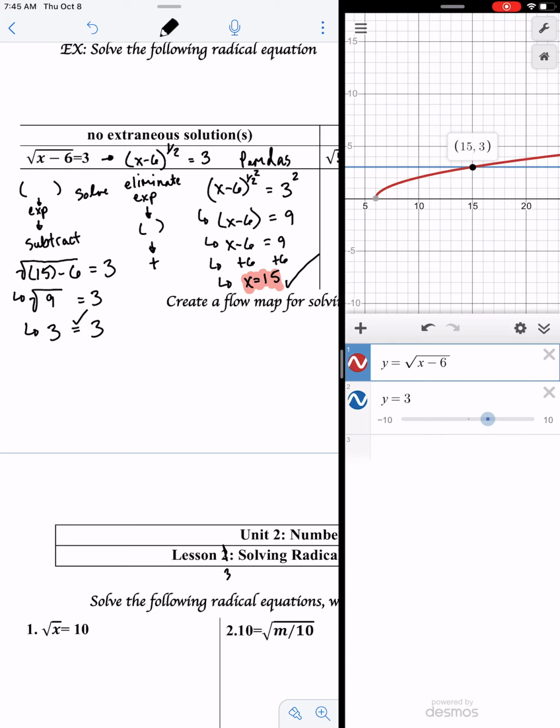Reason being is I can eliminate answer choices that have wrong solutions that are real numbers, so extraneous solutions, right? Ones that somebody got one way or the other, but it doesn't fit the original equation, so it still doesn't work.